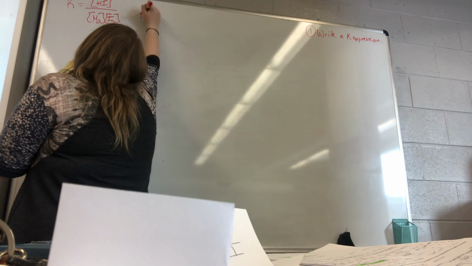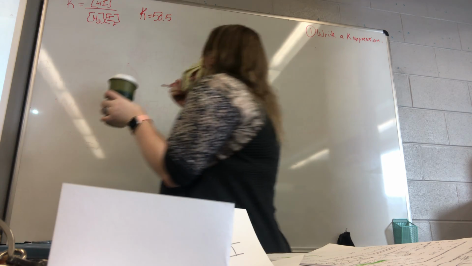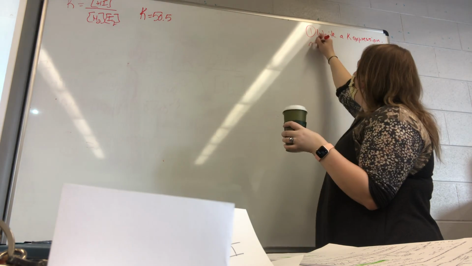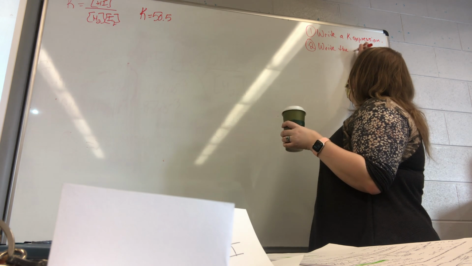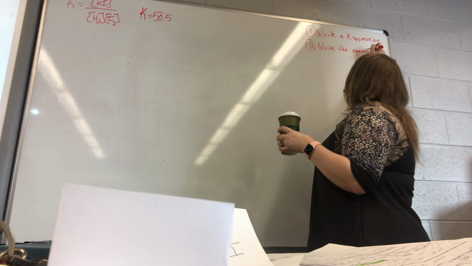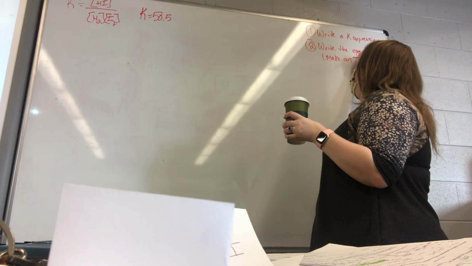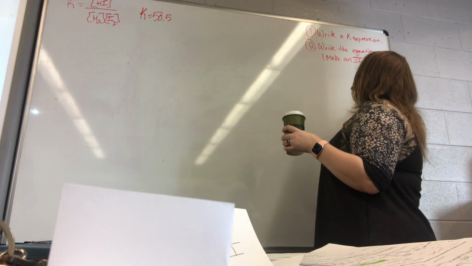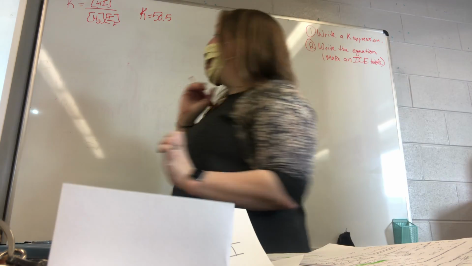We are also told K as a value. Next thing to do is to write the equation and make an ICE table.